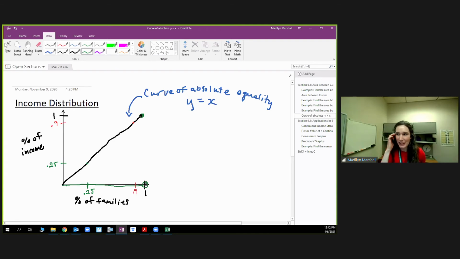So absolute inequality would mean no one has any income until that very last 1% or whoever who has all of the income. But we're going to be comparing with the curve of equality anyway, so I'm going to leave that inequality curve out. So we have one more curve that's going to go on here, and that is called a Lorenz curve.